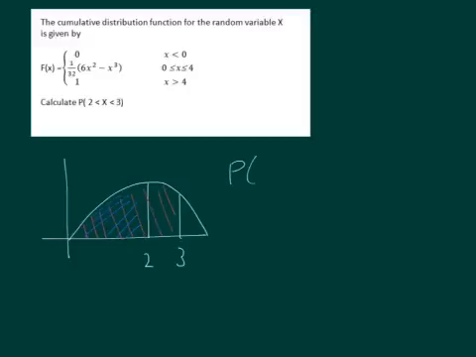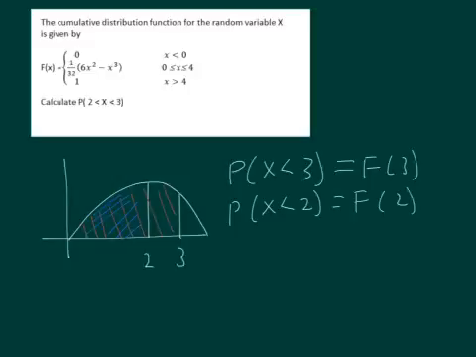So the probability that x is less than 3 is equal to F of 3. The probability that x is less than 2 is F of 2. So for F of 3, we just put 3 into this expression here. So that's 3 squared is 9, 9 sixes is 54, 3 cubed is 27, 54 minus 27 is 27, so that's 27 over 32.